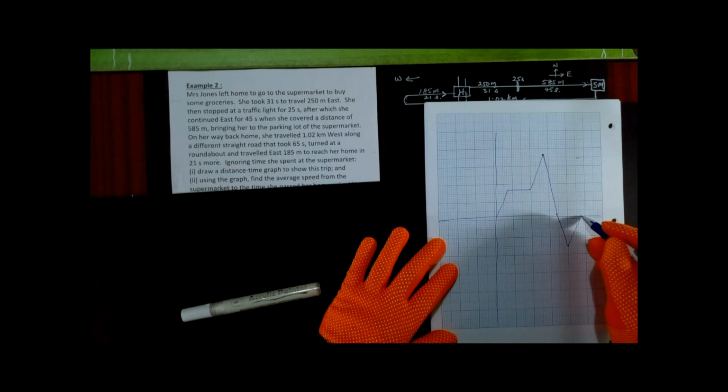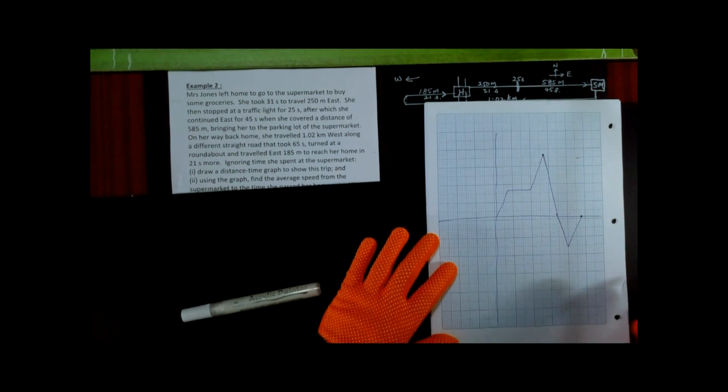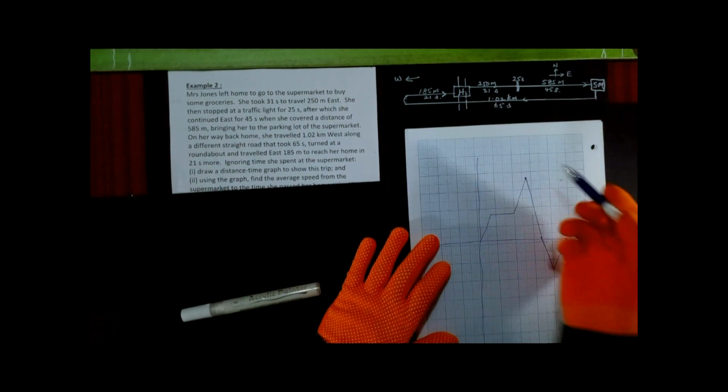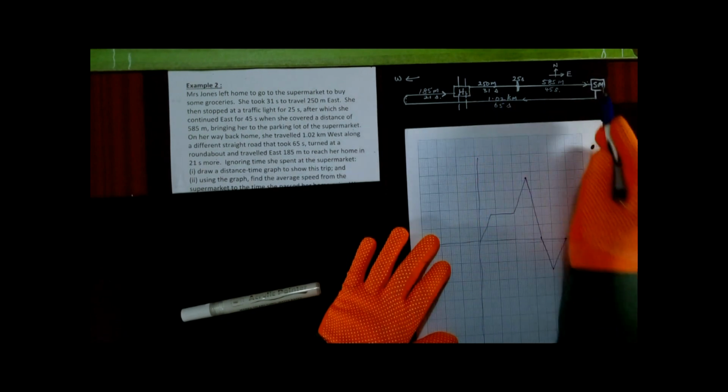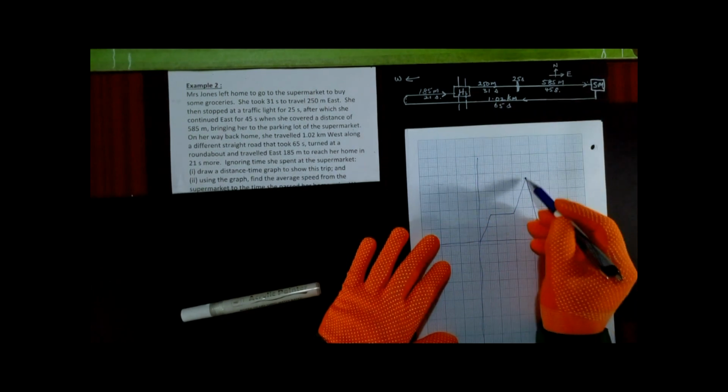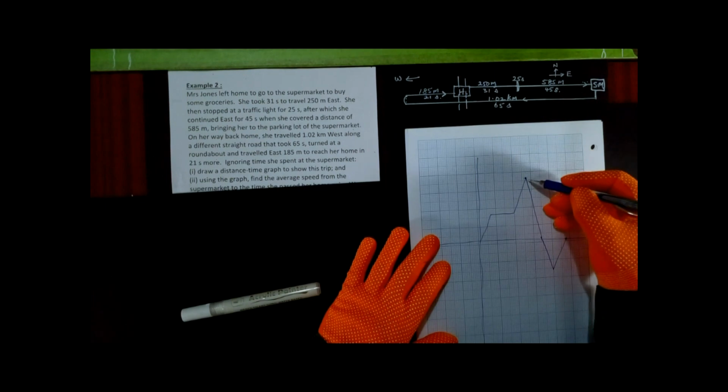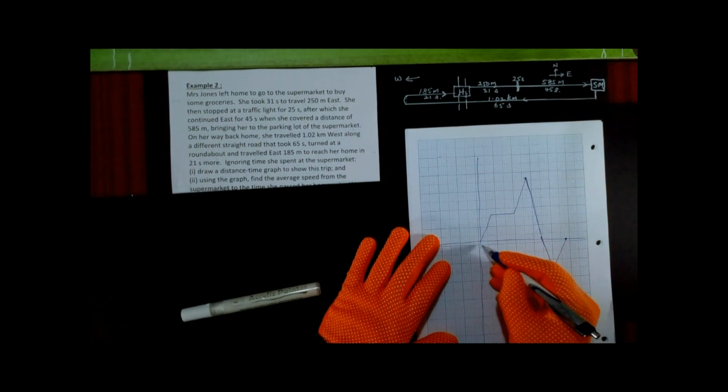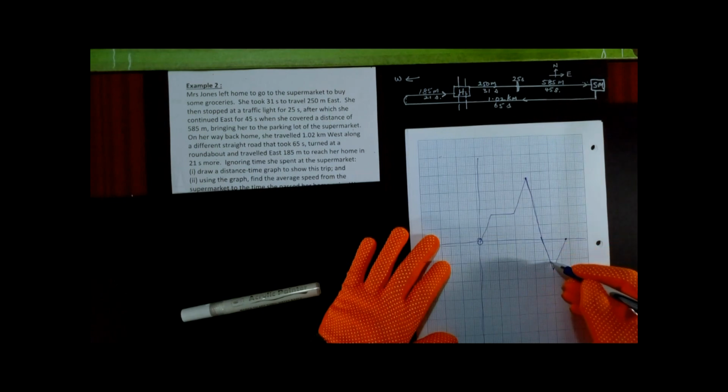And then she had to travel back a little way to get home. So this is the outward journey from here to there. This is the home journey, but she traveled this way, passed her home, and then turned around about here and came back east, and she reached home.